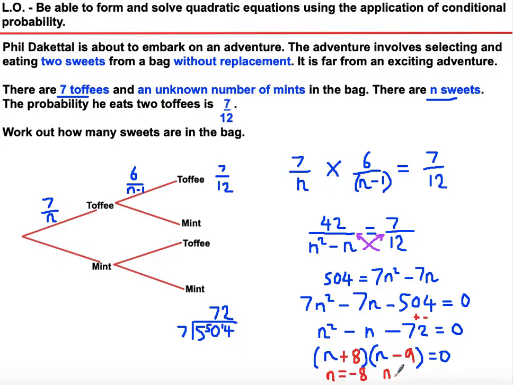Now obviously the answer is going to be 9, because we can't have minus 8 sweets in a bag. That would be good for nobody. So the number of sweets in the bag is 9.